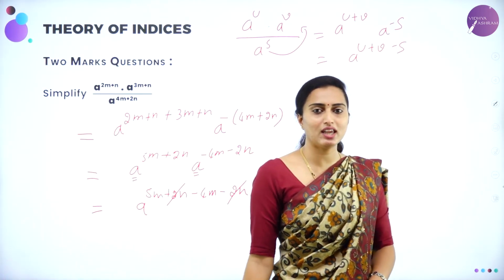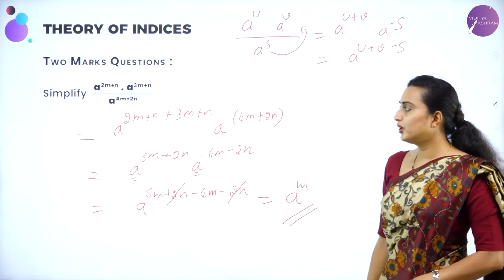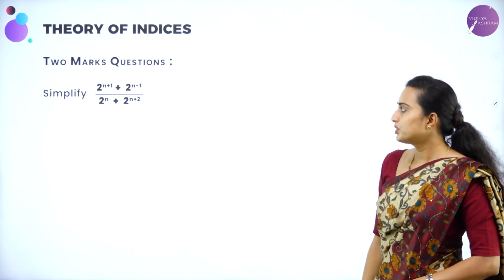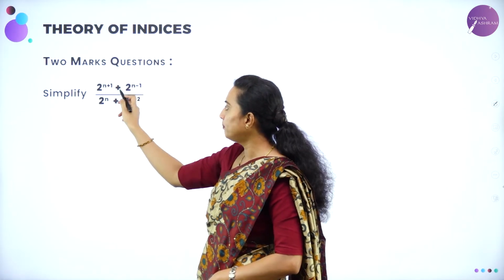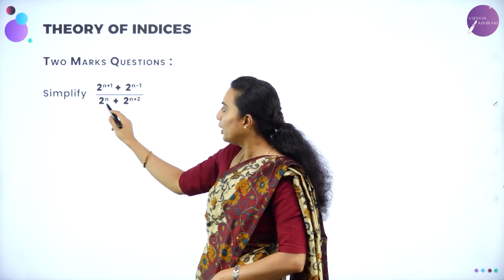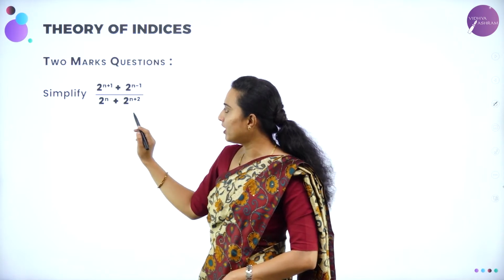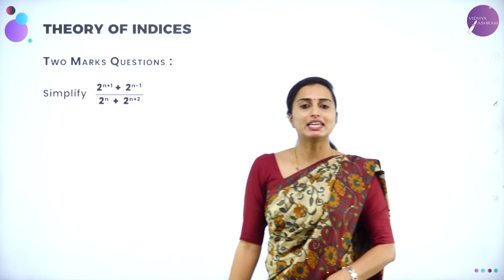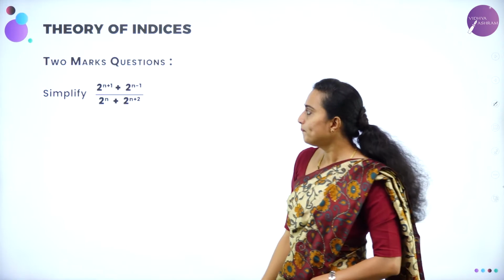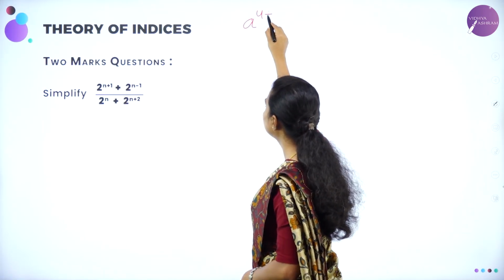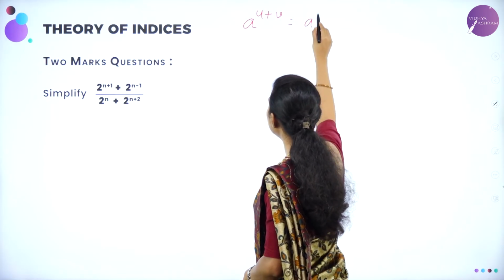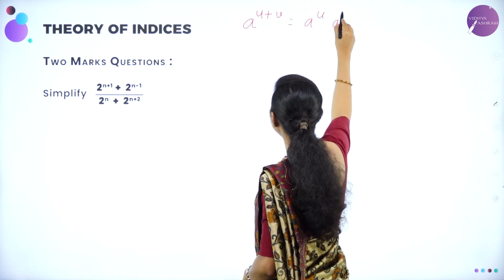Is that so easy? Okay, let us move on to the next problem, which is simplify 2 power n plus 1 plus 2 power n minus 1 divided by 2 power n plus 2 power n plus 2. So here I am going to use the formula a power u plus v can be written as a power u into a power v.